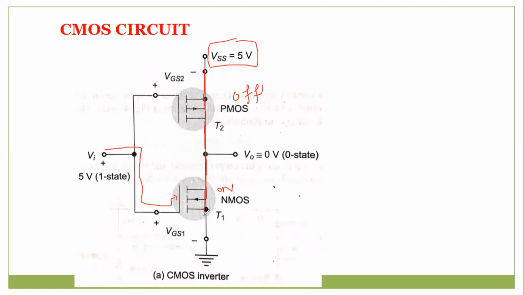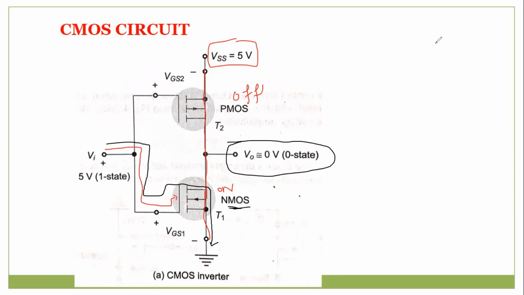Now the signal will go towards the ground. Why? Because the NMOS is in on condition. When it goes to the ground, your output will become 0.